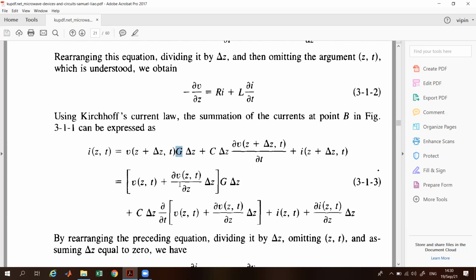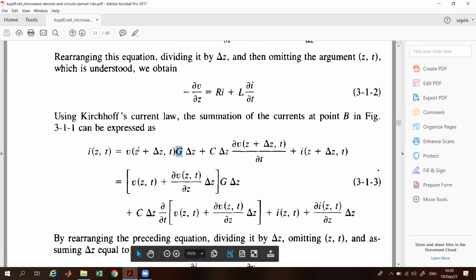Now again, rearranging this part. We have V(z,t) plus dV by dz into delta z, which will be equal to G delta z. What we are doing is considering that V(z+delta z) is basically V(z) plus the change in potential due to length delta z.